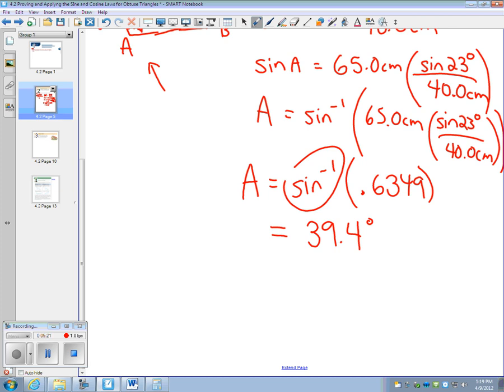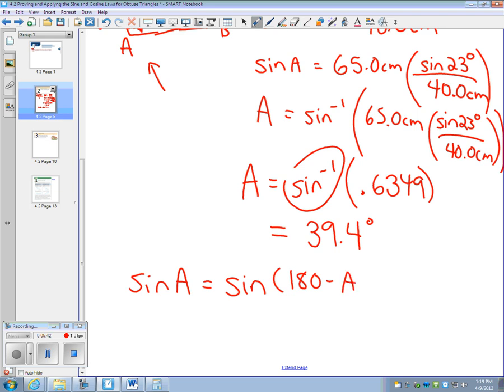So we have to use what we learned in section 4.1, and that is that the sine of any angle is equal to the sine of 180 minus that angle.